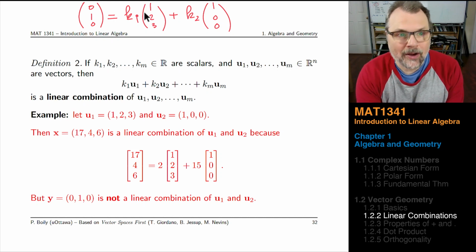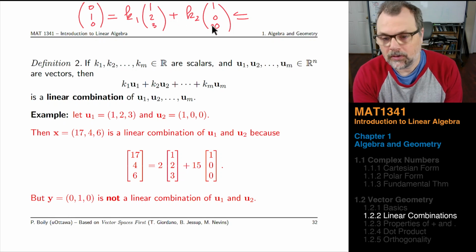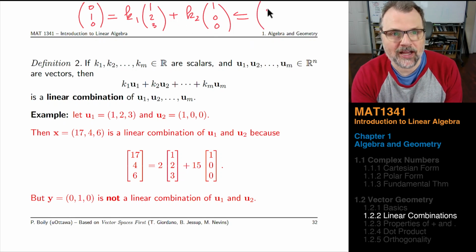If I write out explicitly the linear combination, what I have is k1, twice k1, 3 times k1, and I'm adding k2, 0 times k2, 0 times k2, and that's just k1 plus k2.